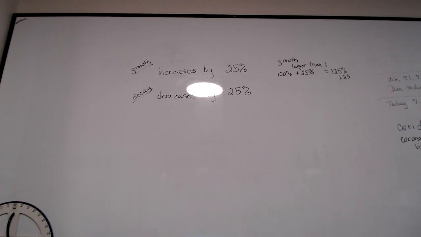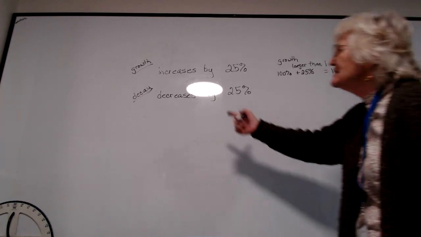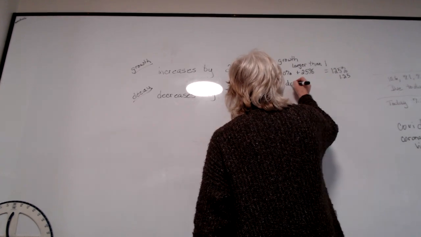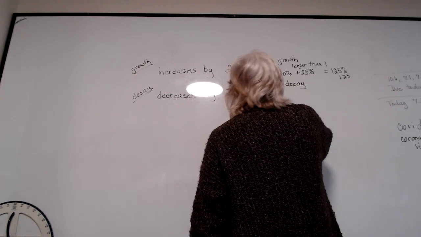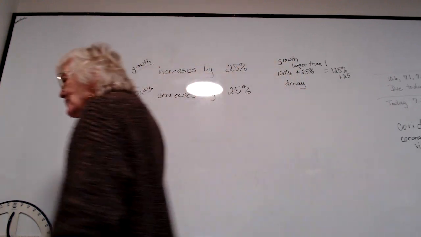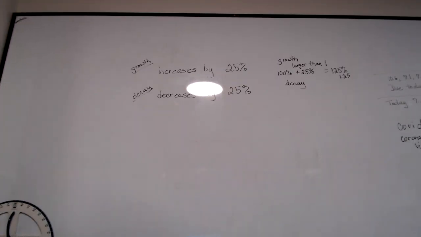Now the other one is kind of interesting. Now it's decreasing, it's a decay. Again, the figure is not 25%, because what we have to multiply is how much is actually left each time.